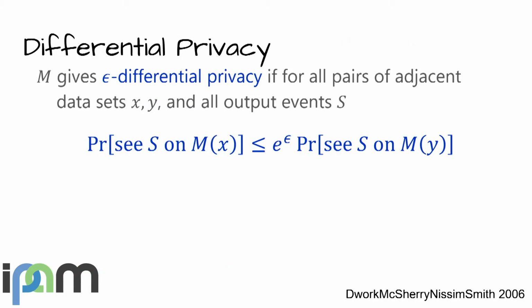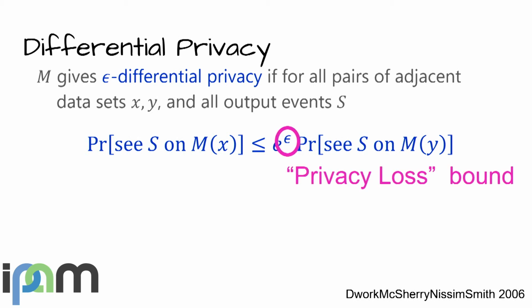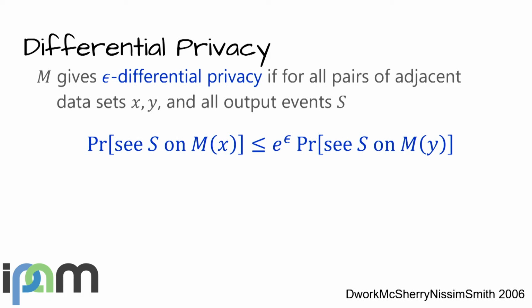Okay, so now we've seen the English language definition of differential privacy. Now we'll give the formal definition. So I need to tell you about a couple of terms first. Our algorithm is going to be called M, also called a mechanism. We need the notion of what we call adjacent data sets. So data sets X and Y are adjacent if they're almost identical, but they differ in the data of just one person.